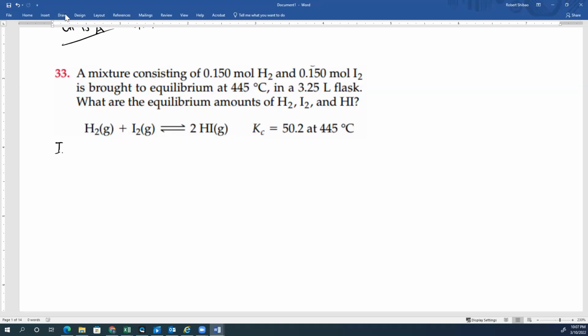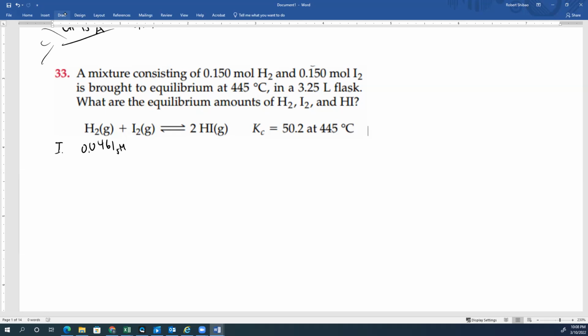But here we could figure out the molarities of these things. We can get the molarity of the hydrogen. I still can't find my calculator, so I'll use my phone here. It's going to be 0.150 divided by 3.25, which is 0.0461. This is 3 sig figs, so I'd like to carry 1 extra.